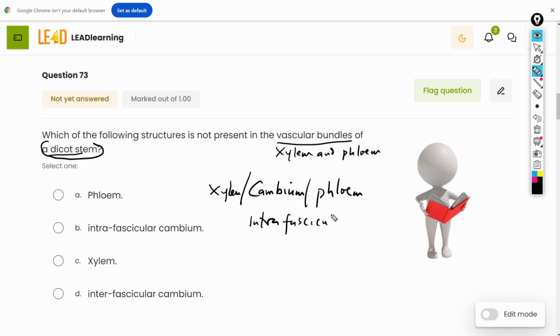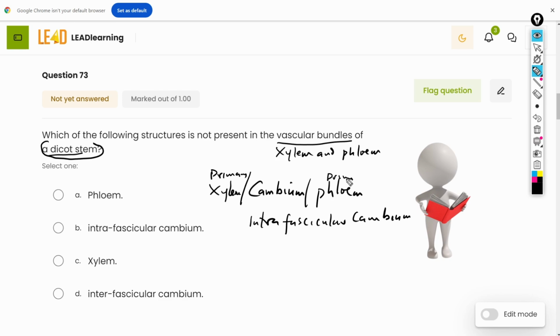Intrafascicular cambium. Now, this is supposed to be the primary xylem and the primary phloem.